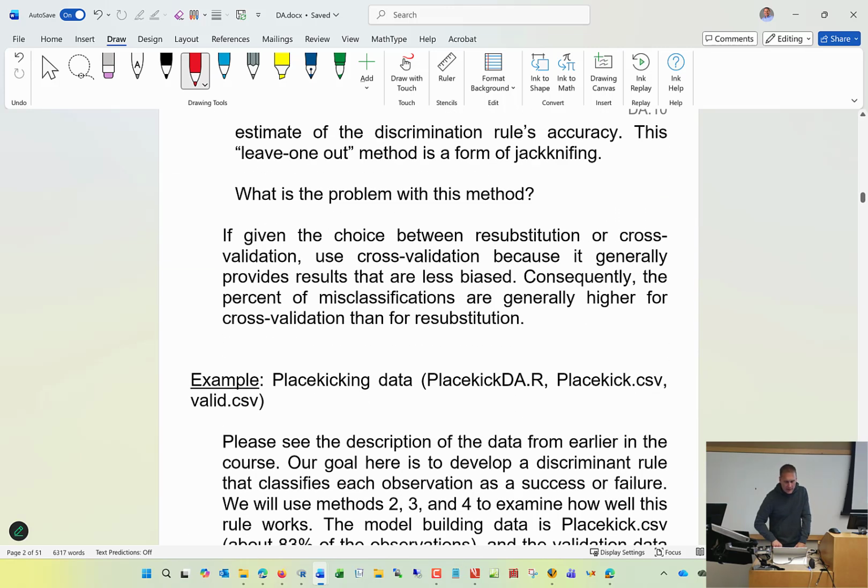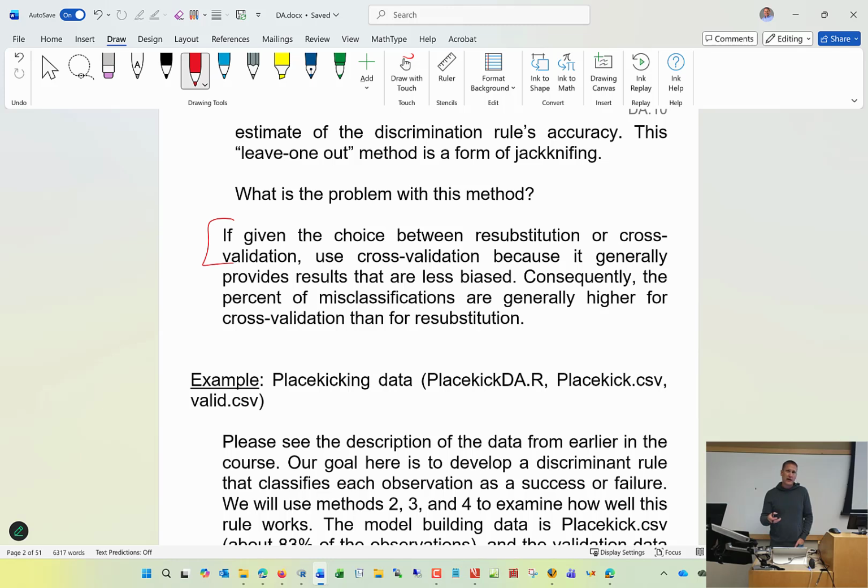Now, what it often comes down to is that you're often left with using resubstitution or cross-validation. We saw problems with the first method, the second method. And if you're given the choice between the two, cross-validation is the better approach.